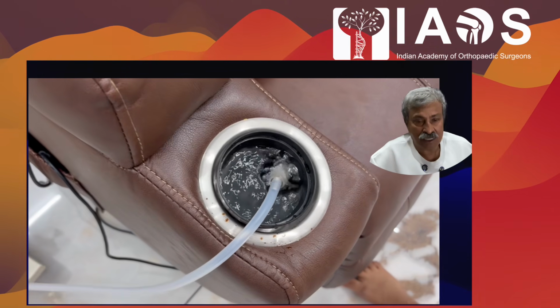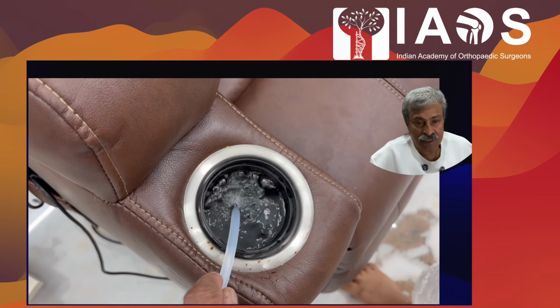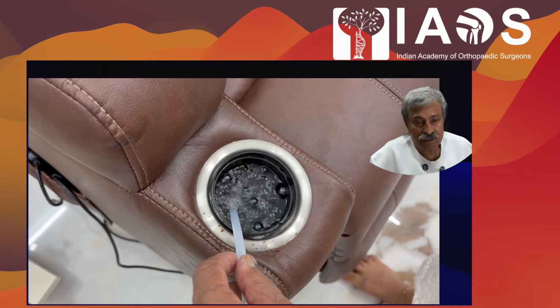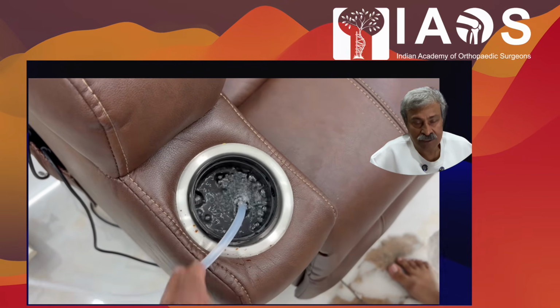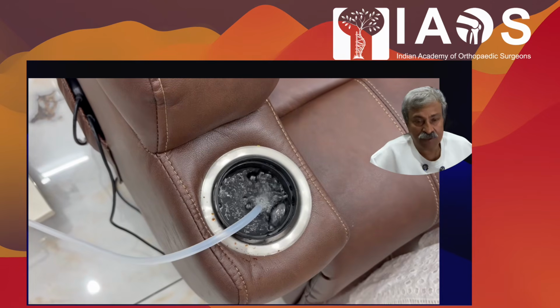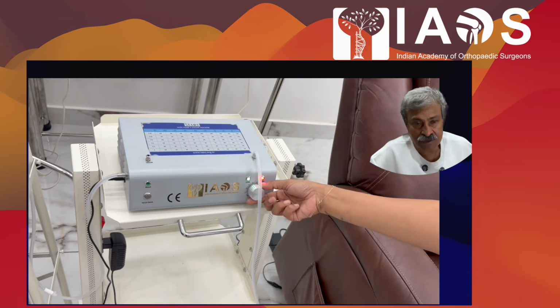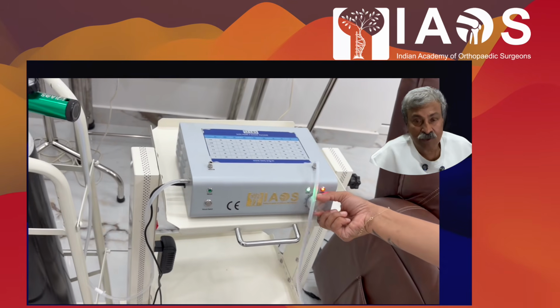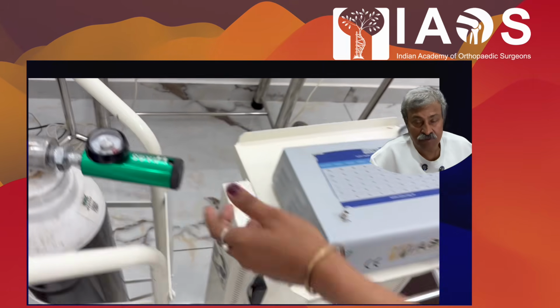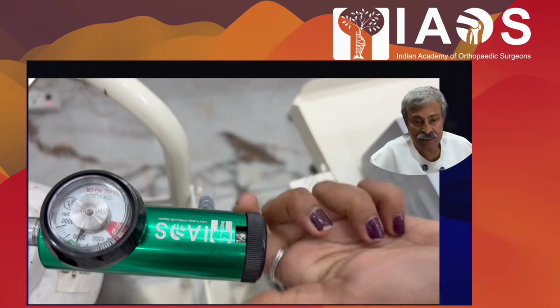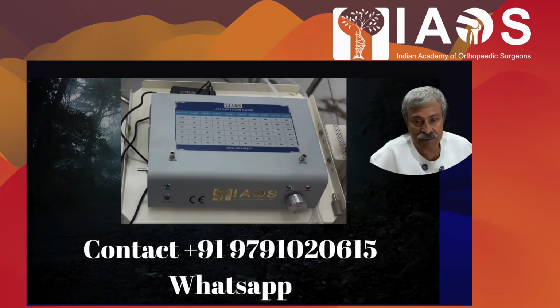This is now allowed to go into water to ozonate water. This ozonated water can be used for drinking, for washing wounds, for soaking gauges before ozone application, and for numerous other applications about which you have been taught in the course.